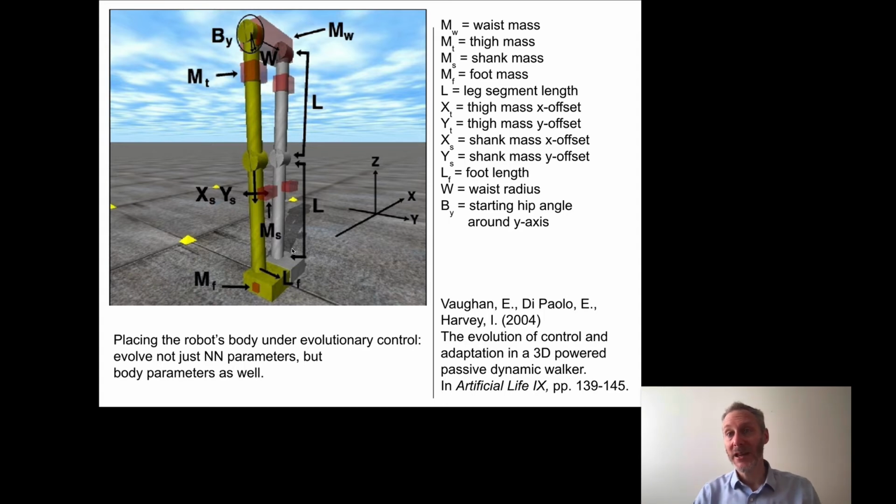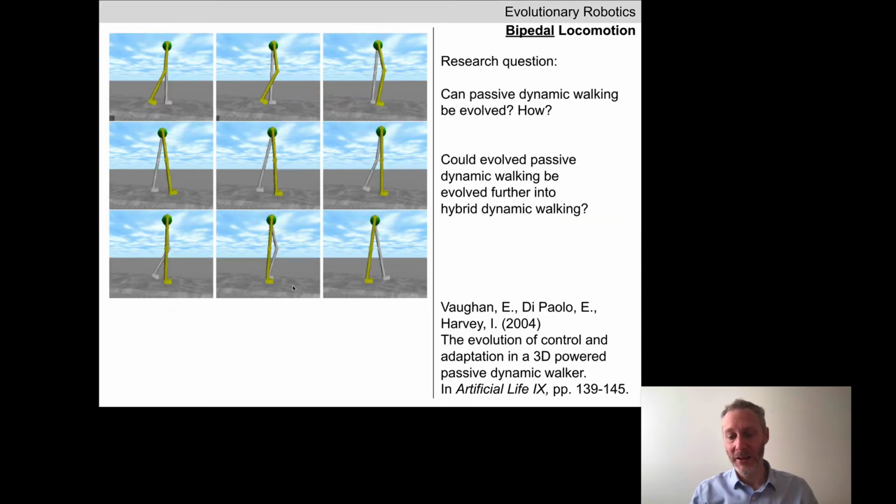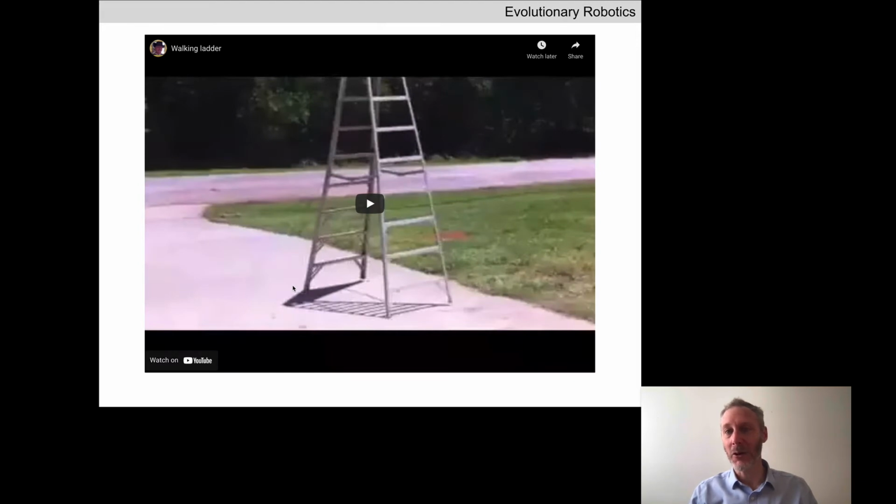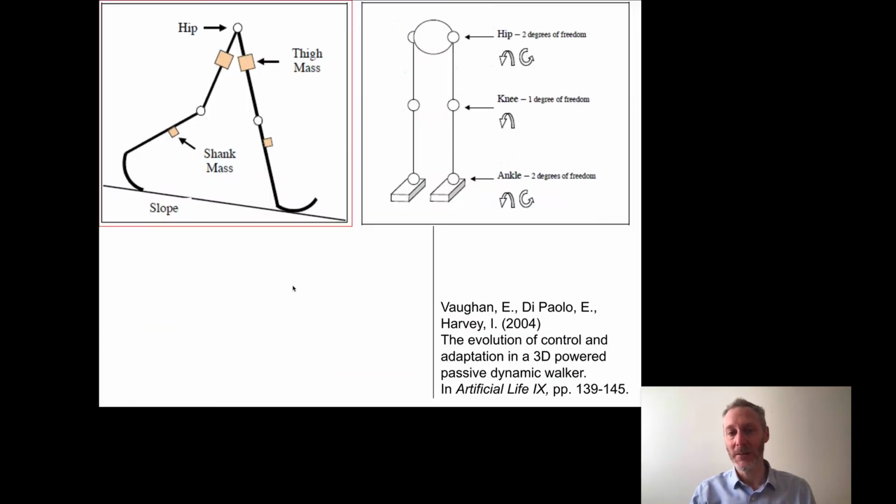You can imagine this makes sense if you have a declined plane and you put the passive dynamic walker on it. No matter how you build that mechanical device, if both feet are touching the ground and the robot is bilaterally symmetric, it's going to fall forward. So even in the case of our walking staircase and this little piece of paper, there are slight asymmetries that basically get this process going.